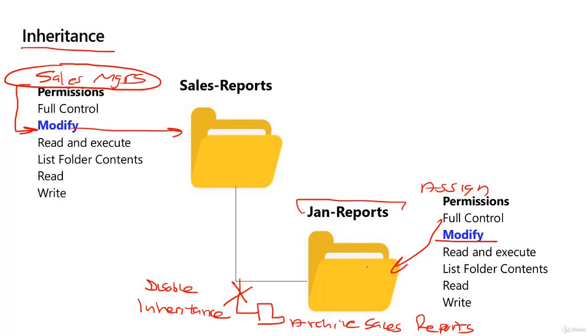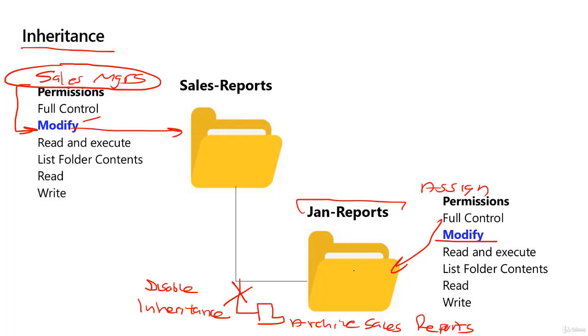It would simply be in addition to the permissions that have been inherited. So it's not as if you lose the ability to assign permissions to the January reports folder. What you can never do, though, since sales managers modify, we said, was assigned at the sales reports, you could not go to your subfolder and remove that permission because it's not directly assigned. It's only applying through inheritance.